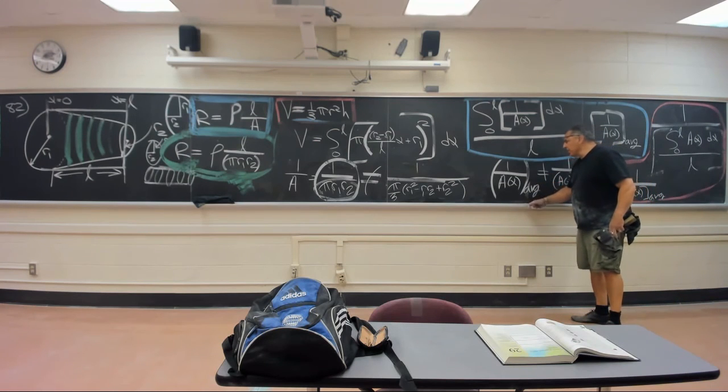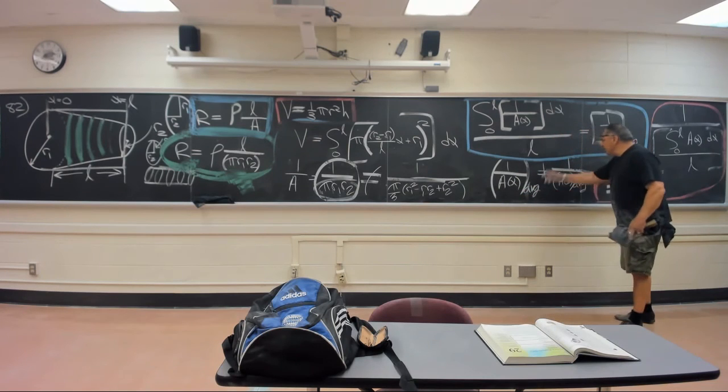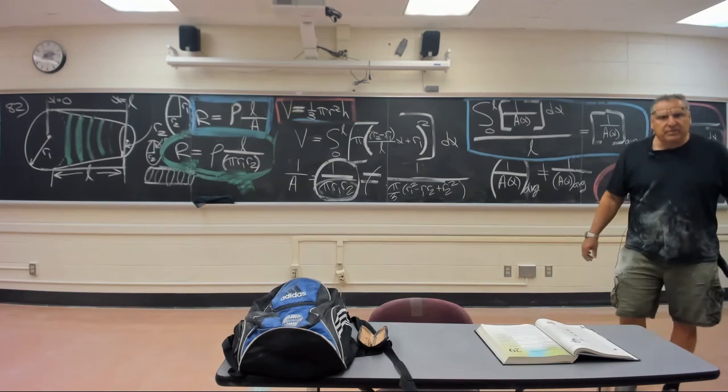Let's construct a function called 1 over a of x. The average of the function a of x, using the mean value theorem for integration, is generally not equal to 1 over the average of the function a of x.